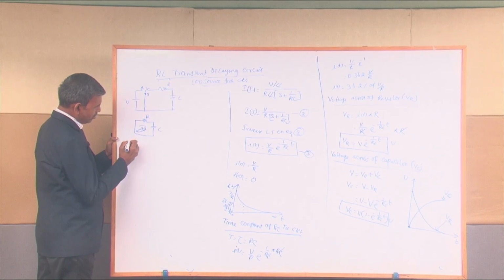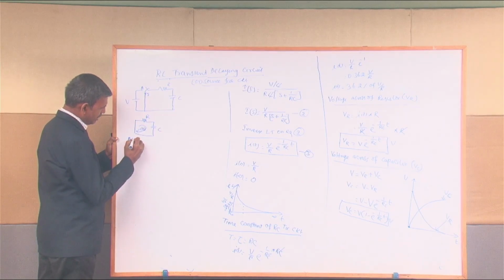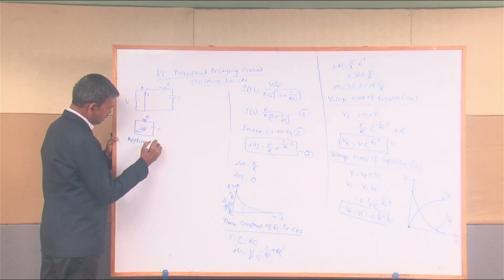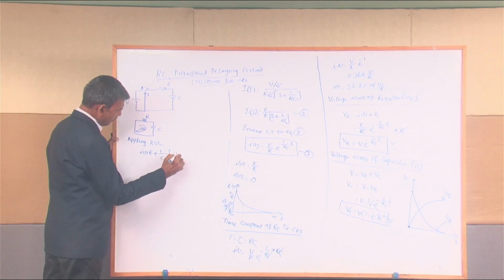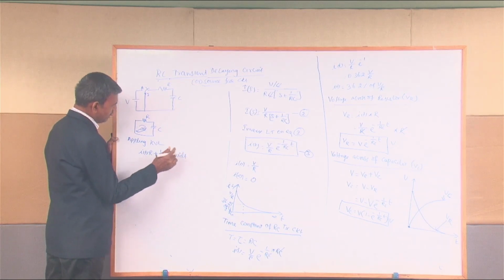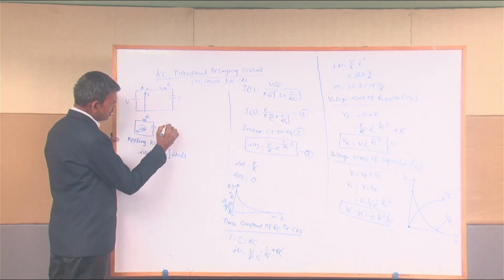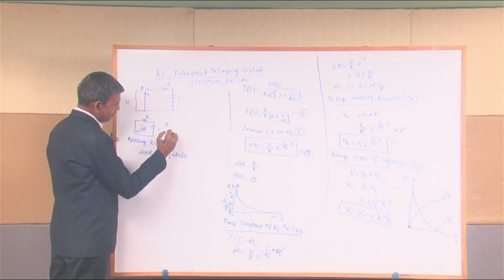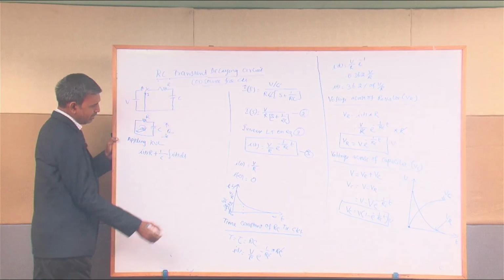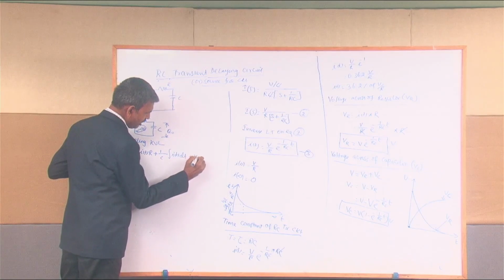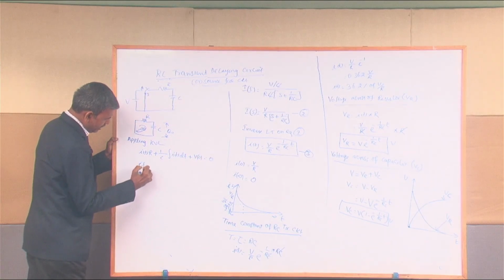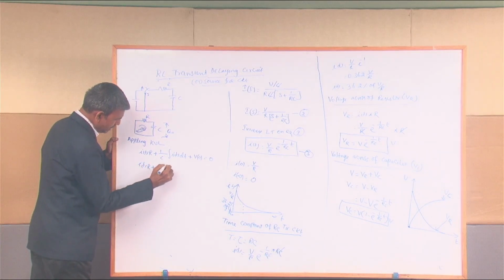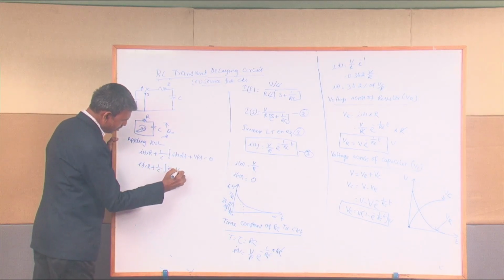Now we apply KVL: I of t into R plus 1 by C integral of I of t into dt. We have a charge on this capacitor, that is V of 0. So I of t into R plus 1 by C integral of I of t into dt.